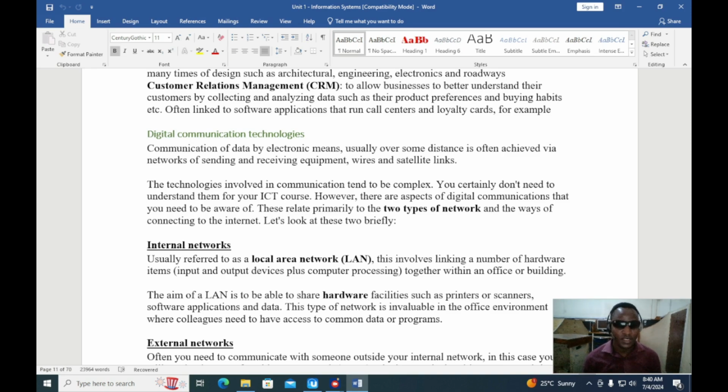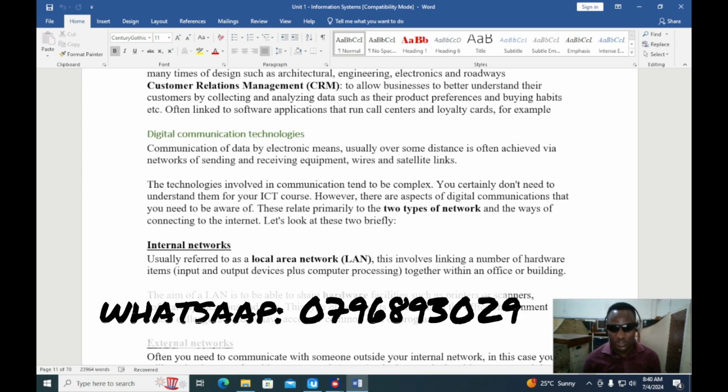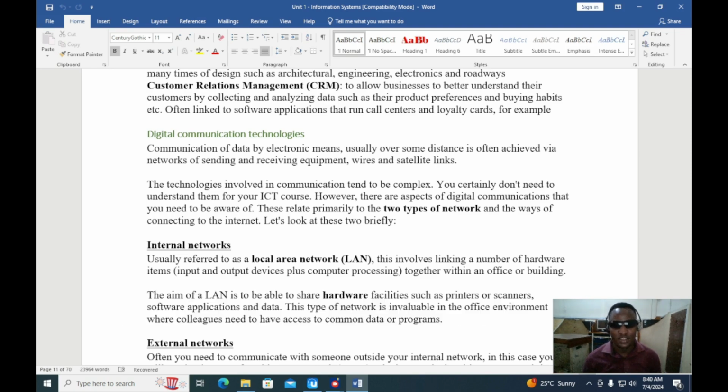So it is a category that involves communication, and it actually involves very complicated technologies. You don't need to understand these complicated technologies for the ICT course. However, we have some aspects of digital communication that you need to be aware of.